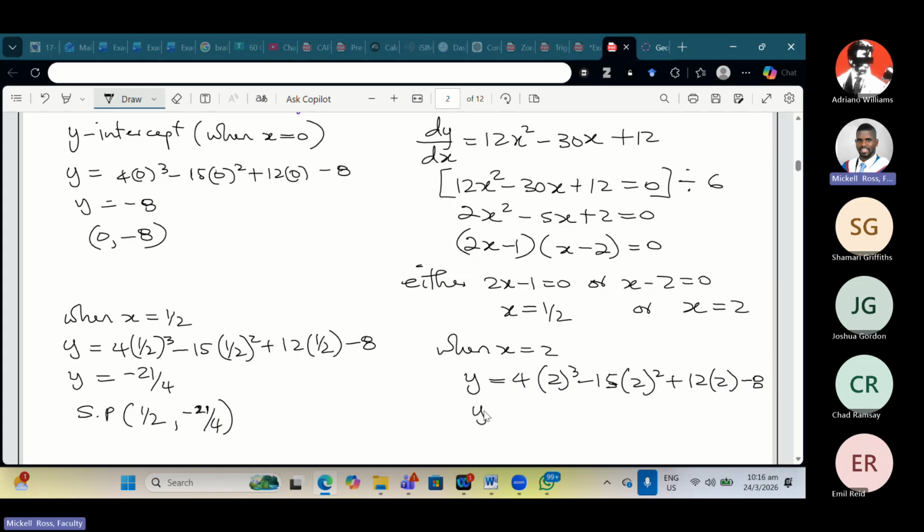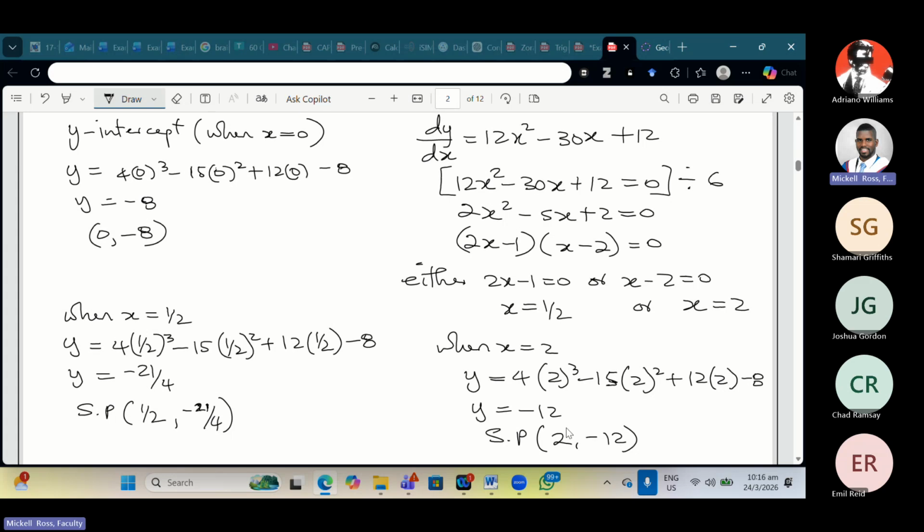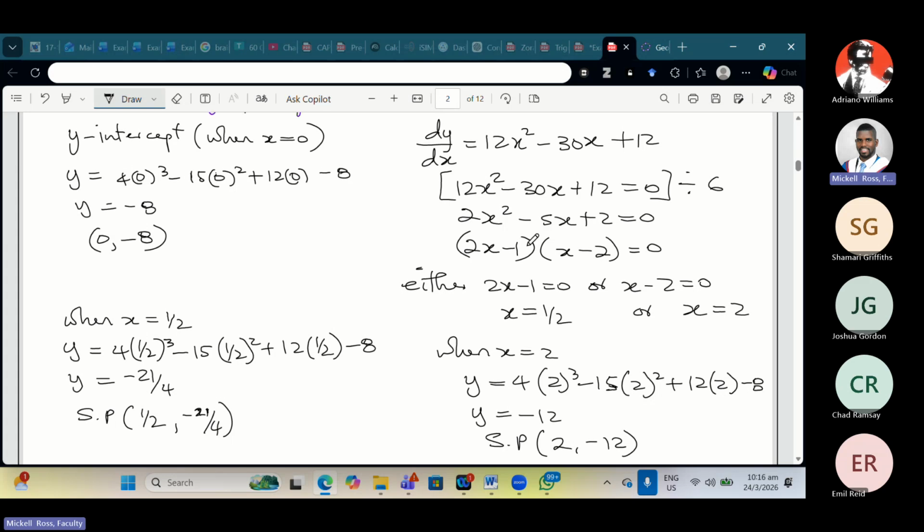This is going to be equal to negative 12. Whoa, stationary point 2, negative 12. This is going to be a point that is way down there, but we can just fix up the graph so that it's not too crazy.